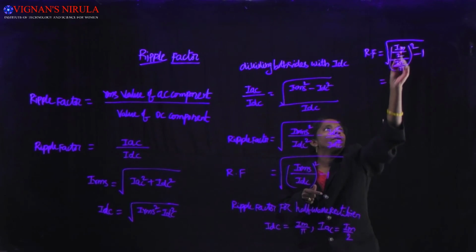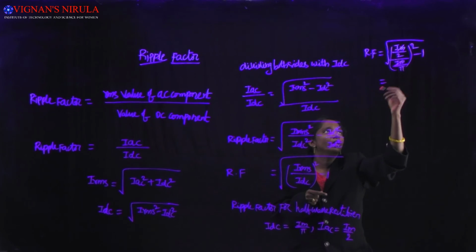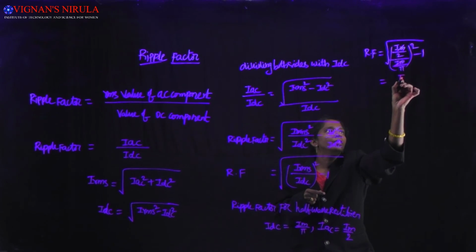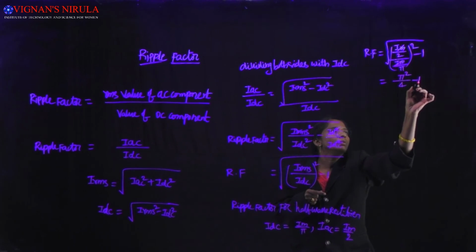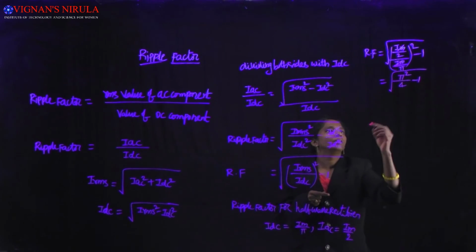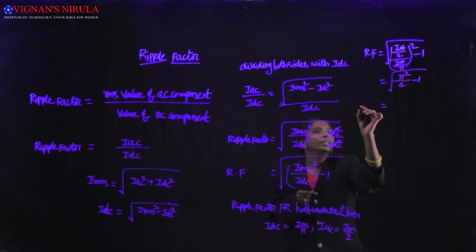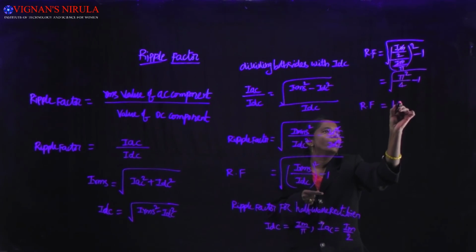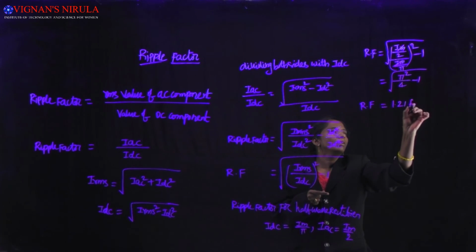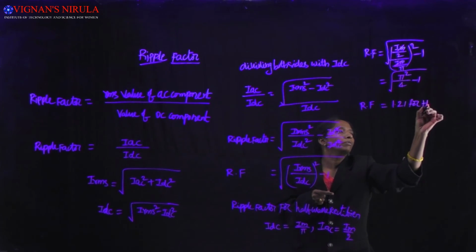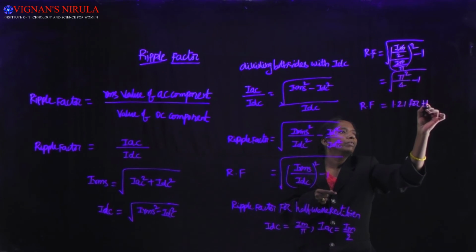Now IM gets cancelled and we cross multiply, then we get the square root of pi square by 4 minus 1. From this we get the ripple factor, which is 1.21 for the half wave rectifier.